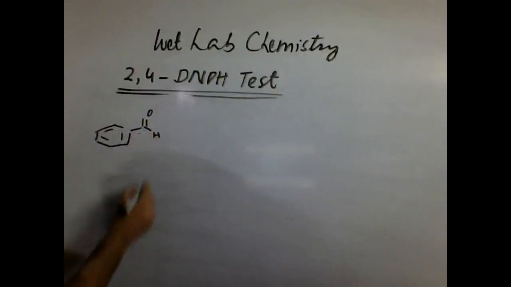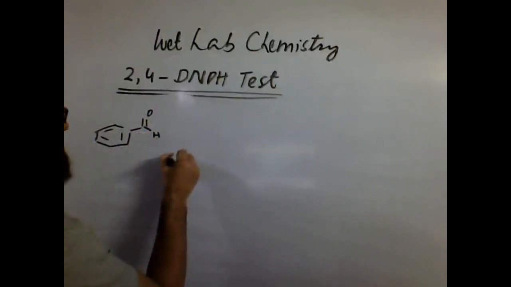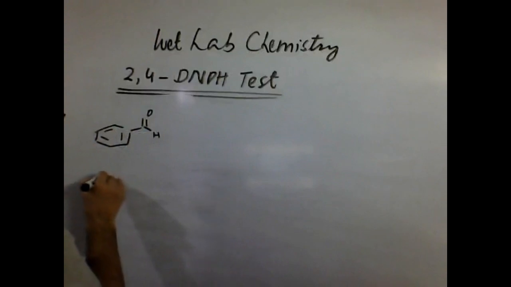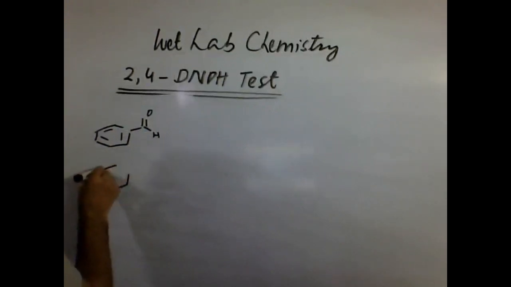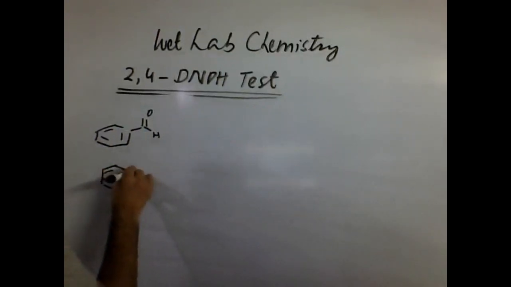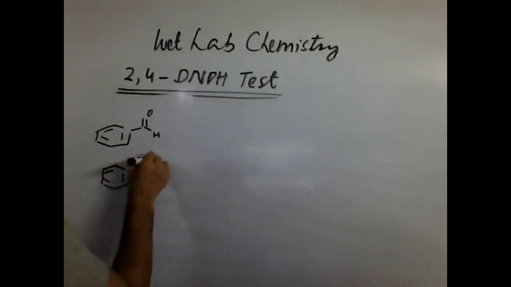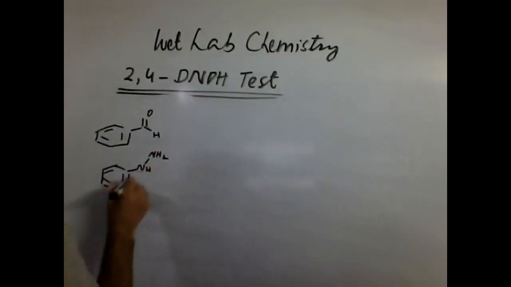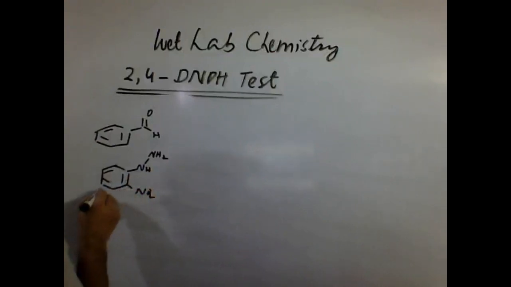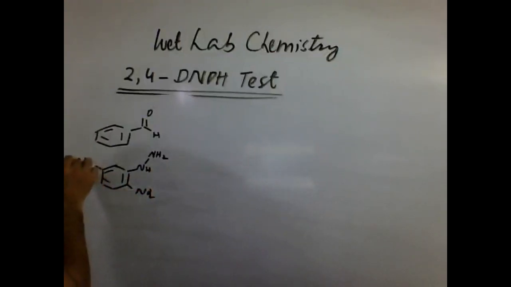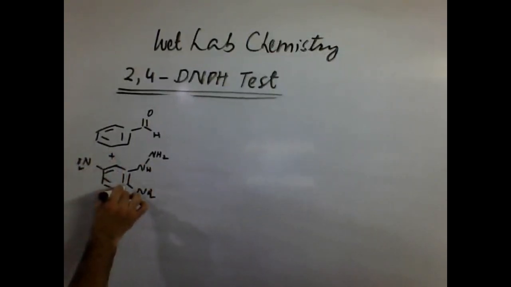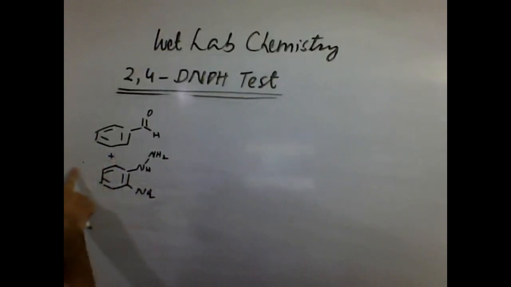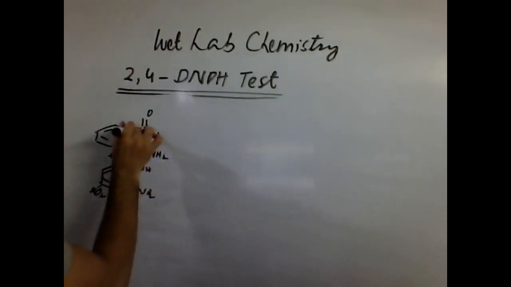This is a benzaldehyde, and let's say at the same time you are to use 2,4-DNPH. This is supposed to be 2,4-DNPH, so it is supposed to be here. 2,4-DNPH test as usual, so it is supposed to react over here.